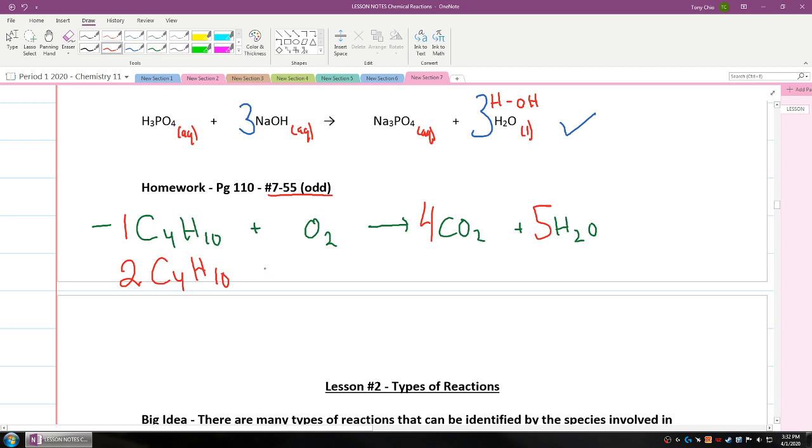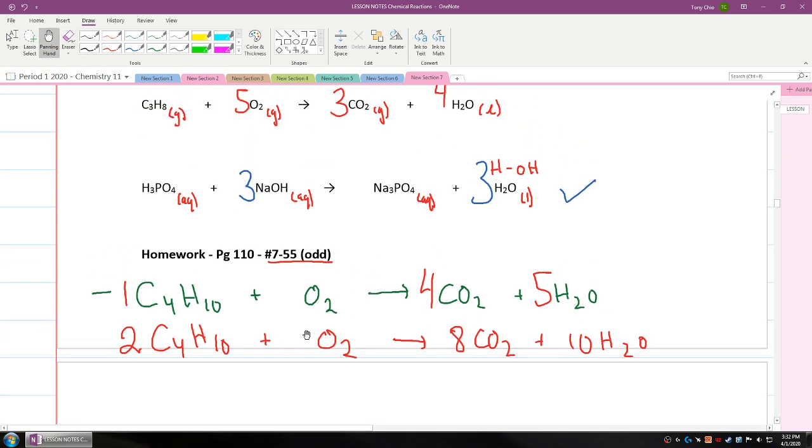So if I rewrite this as 2C4H10 plus still the O2 I haven't balanced will give you 8CO2 plus 10H2O. And now, as you see here, you now can make this balanceable. The carbons are still balanced because you have 8 carbons here and 8 carbons here. The hydrogen is still balanced.